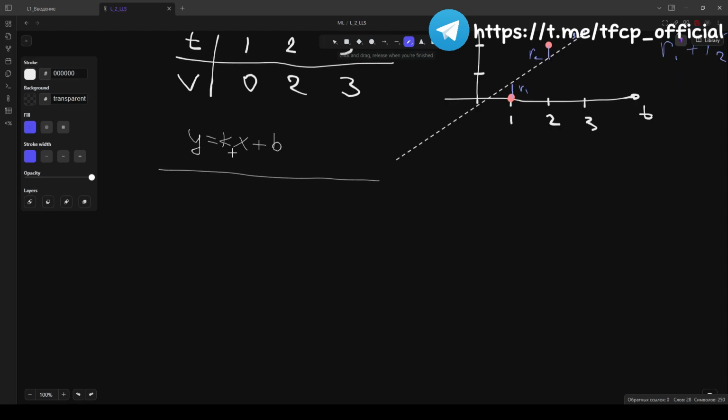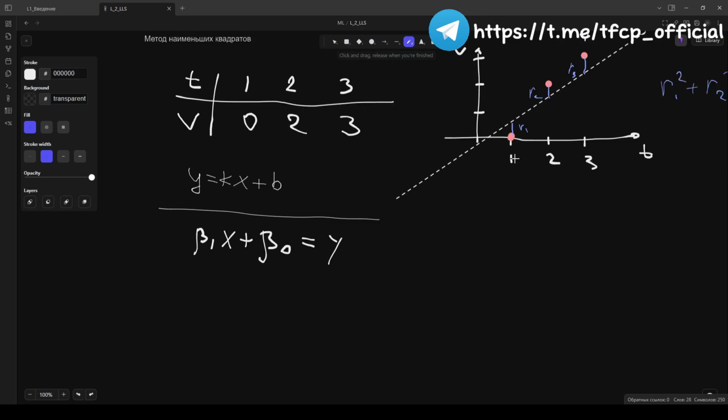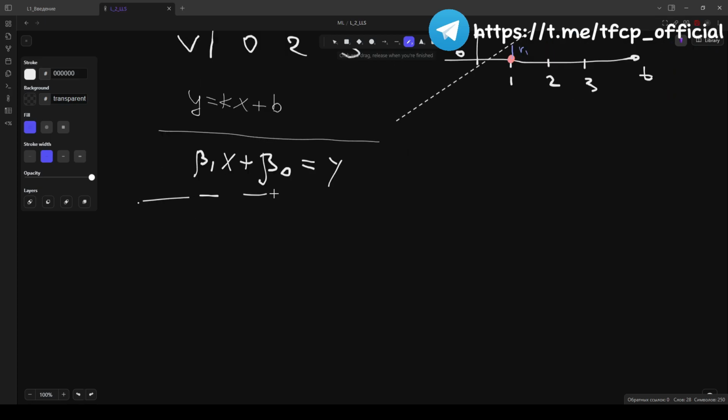I will use the letters beta for the coefficients, so I will write it as beta 1 x plus beta 0 equals y, like this. If the line passed through the first point, that is, through the point with coordinates 1, 0, it would indeed satisfy the equation beta 1 times 1 plus beta 0 equals 0.